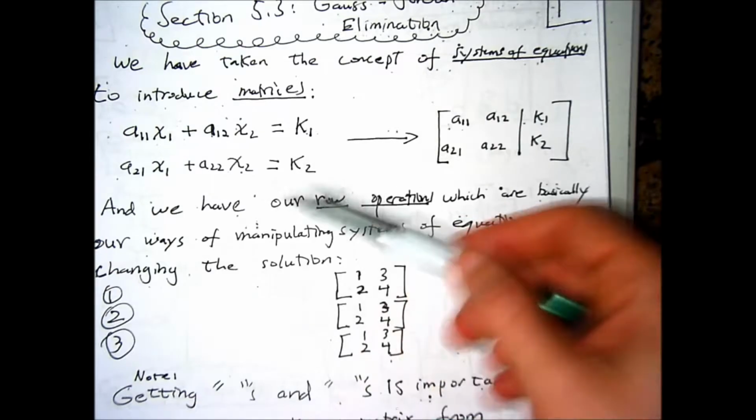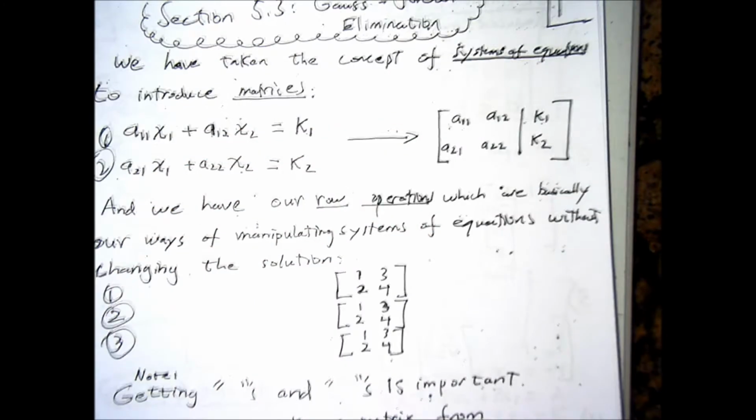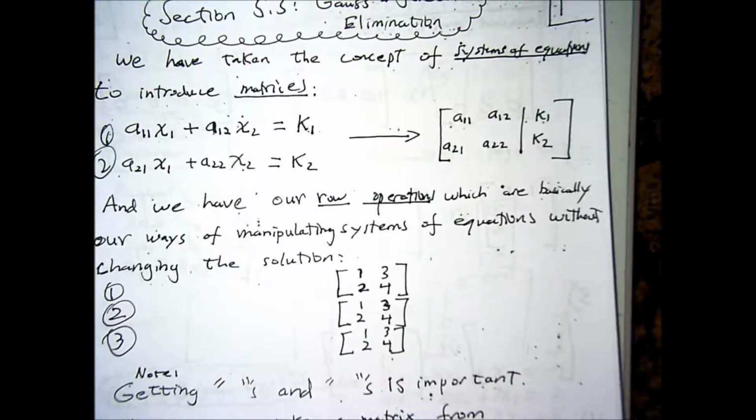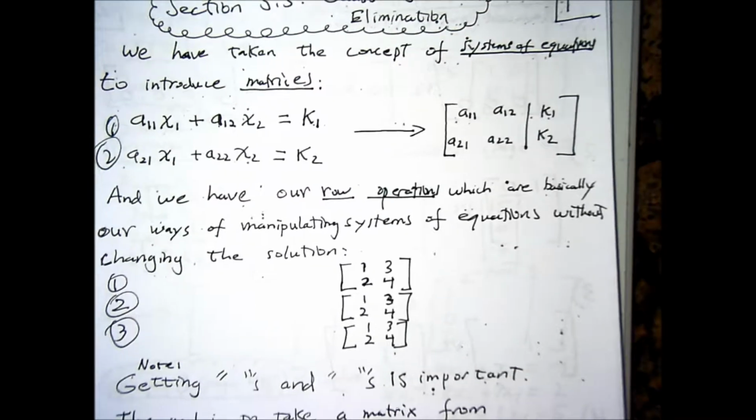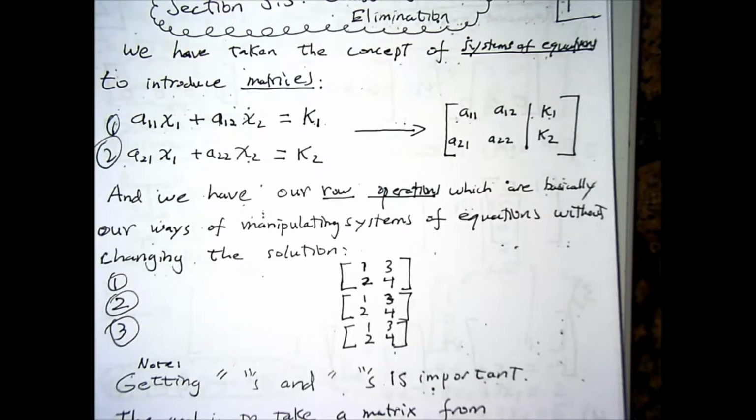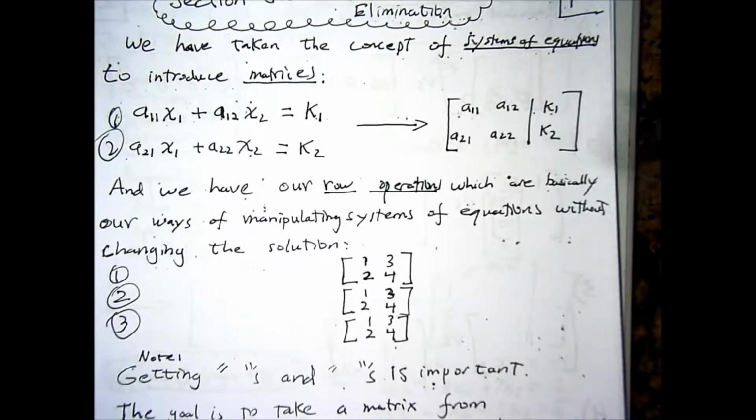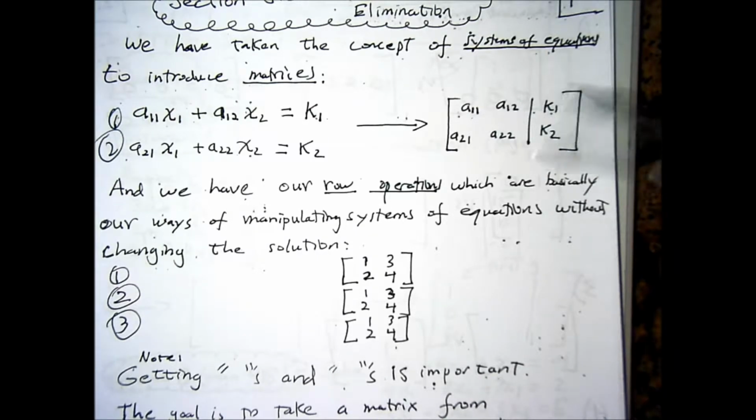You can switch the two equations. If I call this 1 and 2, I could switch 1 and 2 and it doesn't change the solution. I can add them together. I can multiply them by constants and it doesn't change anything. So similarly, we have a set of row operations that preserve the solution and don't change it. We can do all those same things to matrices.